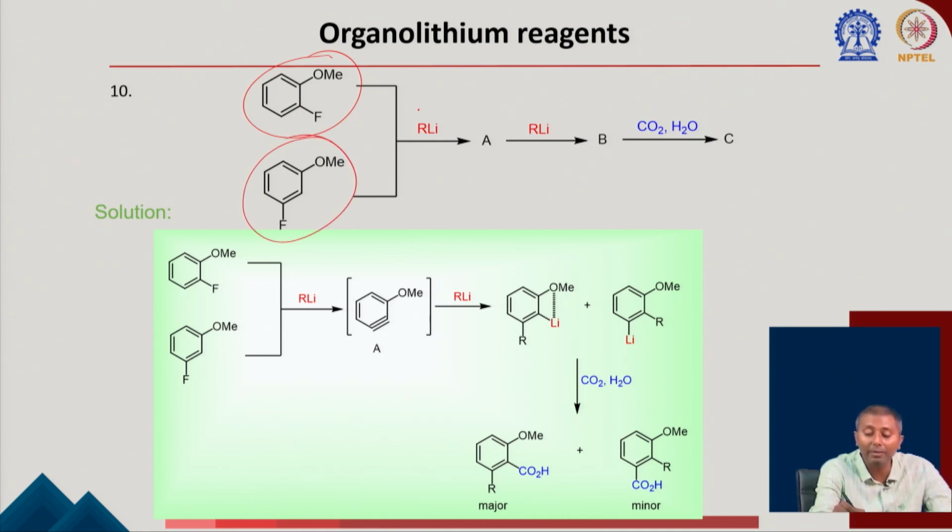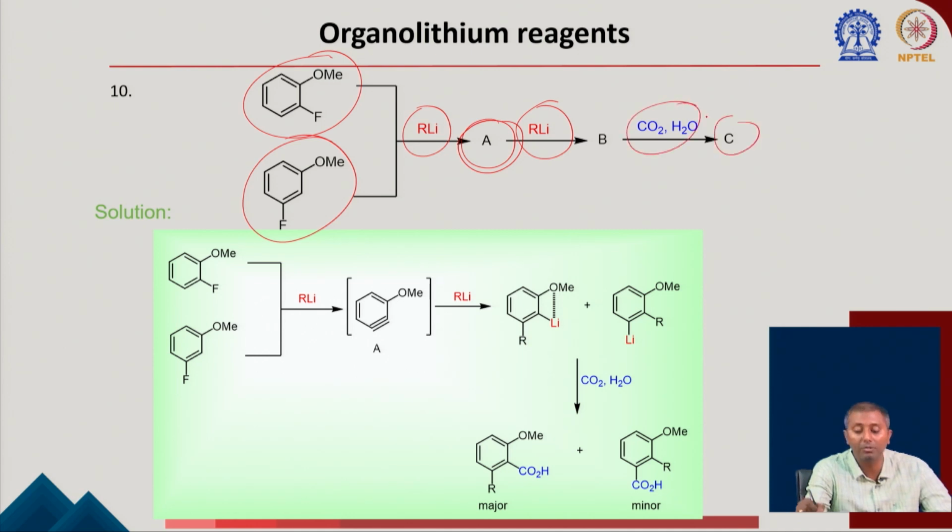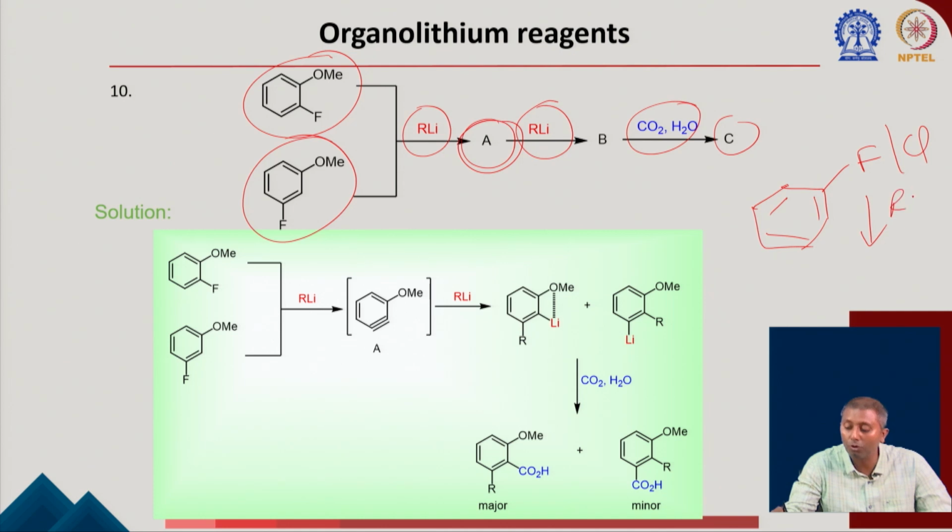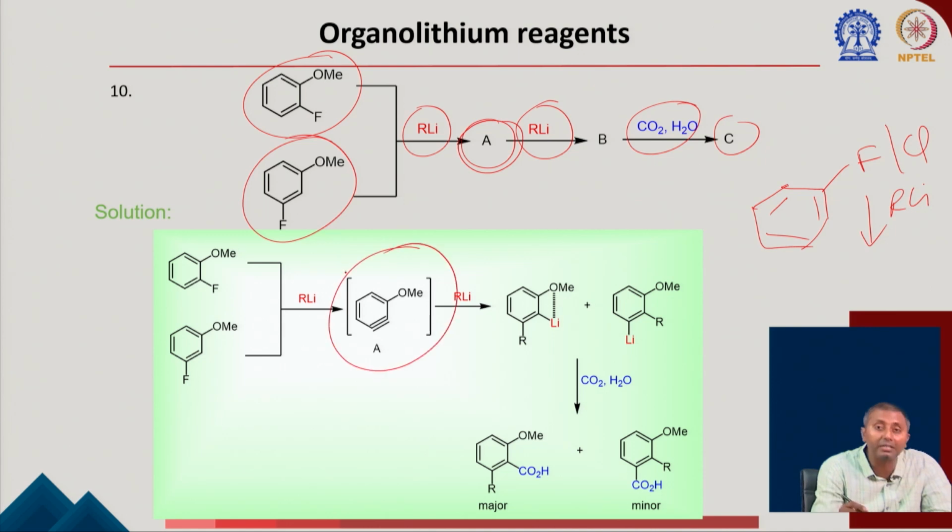If you treat with RLi, you get an intermediate A, which on treatment with RLi is going to give you B, and you treat with CO2 to get compound C. If you see this type of example, the first thing you should remember is that if a benzene ring has a fluoro or a chloro and you are treating with RLi, you should always remember the formation of benzyne, because they cannot go for a metal halogen exchange, so they will go for a deprotonation. Once it is a deprotonation, it is going to end up forming a benzyne.